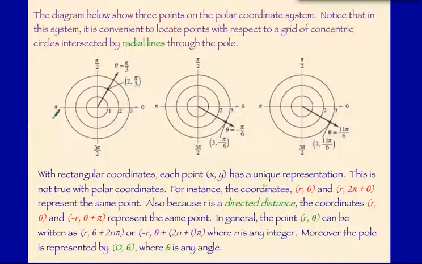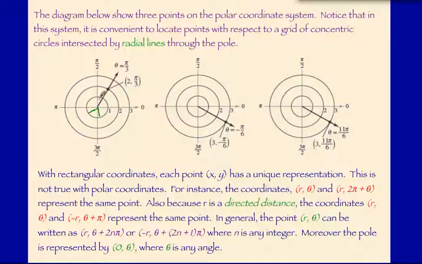Notice that in this system, it is convenient to locate points with respect to a grid of concentric circles intersected by radial lines. So obviously this small circle right here represents any point from the origin that is a distance of 1 from the origin. Any place that you draw from the origin to that circle is a distance of 1.